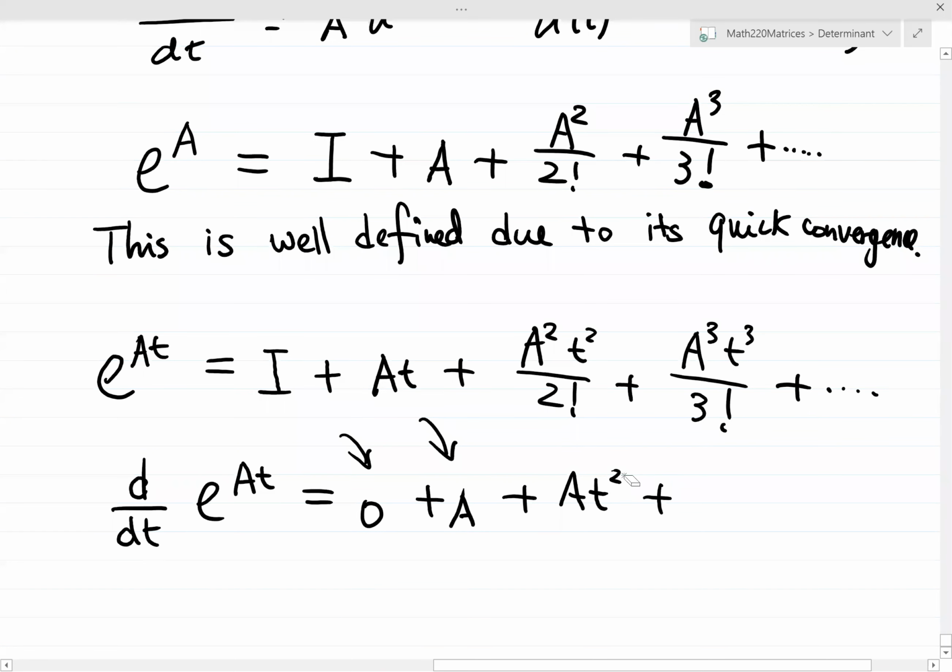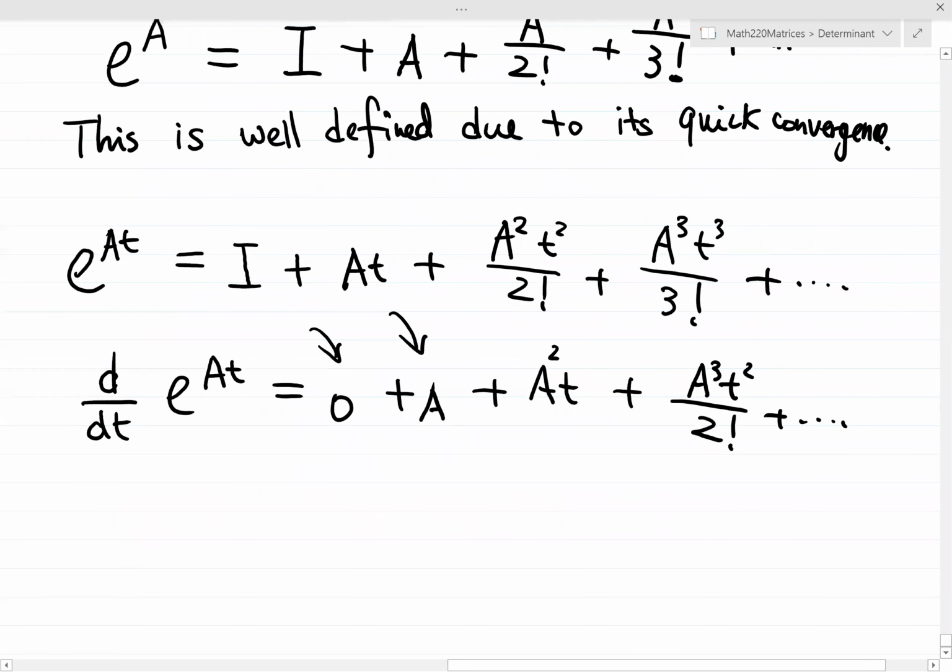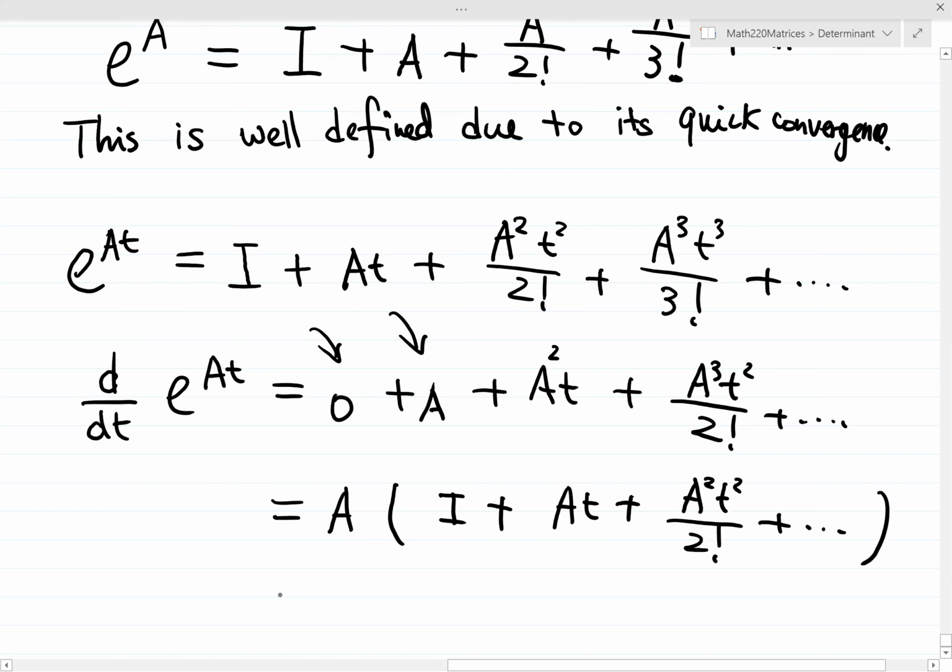This one gives us A cubed t squared over 2 factorial, and so on. If you factor out A, this will be A times the identity plus At plus A squared t squared over 2 factorial, etc. So this will be A e to the At, okay?